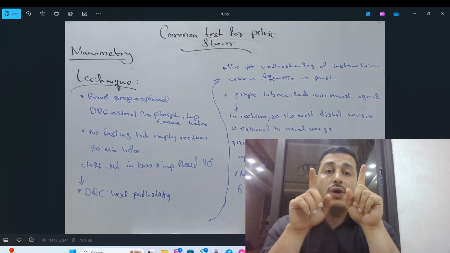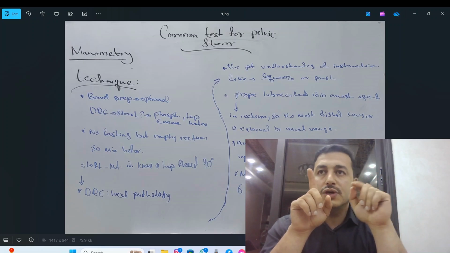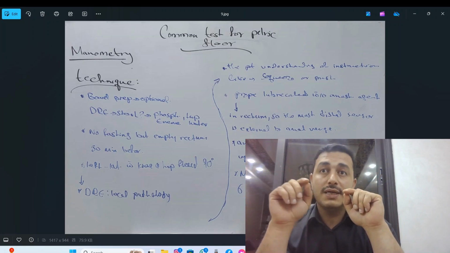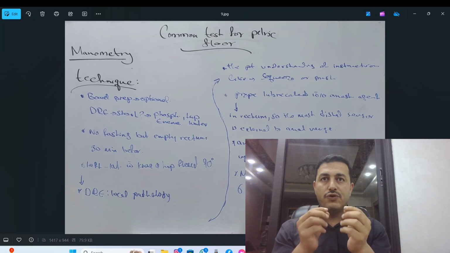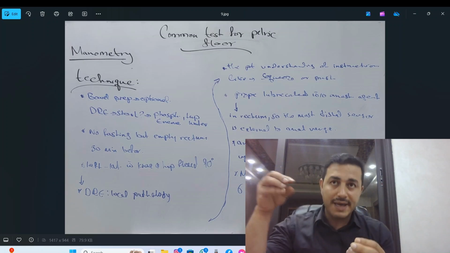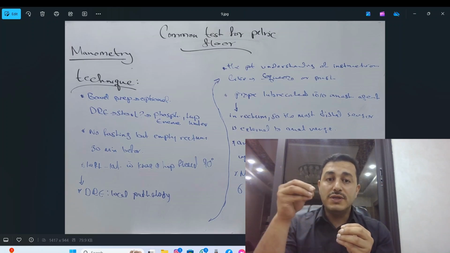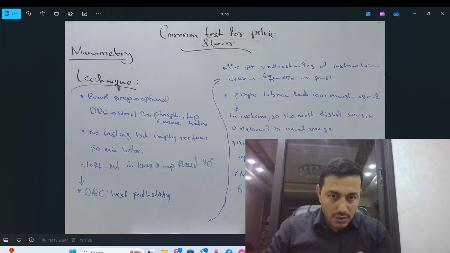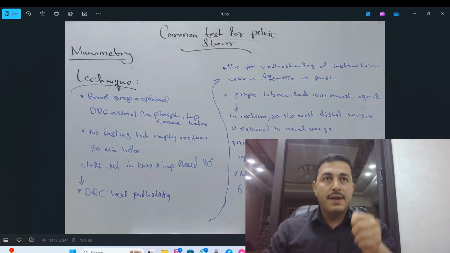The pull-through technique: we have stationary pull-through technique or continuous pull-through technique. Actually, this depends on the probe. If the probe has a few sensors, we have to pull through.